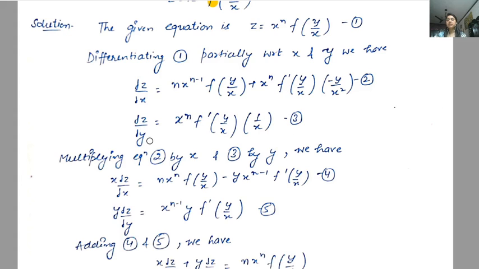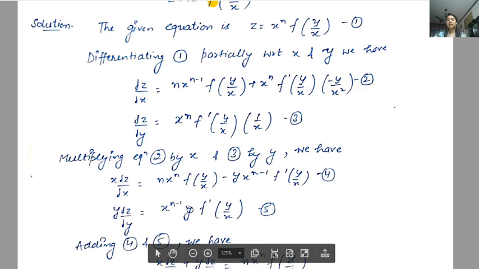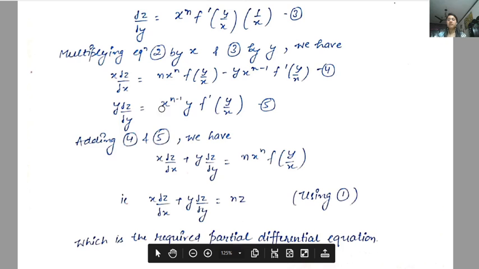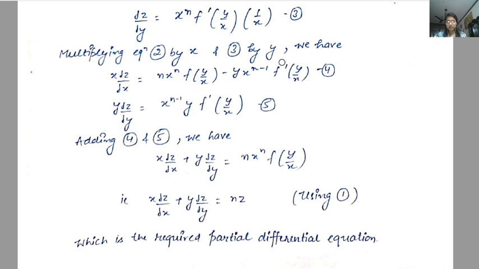y ∂z/∂y equals x^(n-1). This is x^n, this is x, so this power is x^(n-1). y we have multiplied here into f'(y/x). Now adding equation 4 and 5, we have x ∂z/∂x plus y ∂z/∂y equals, these terms will cancel.